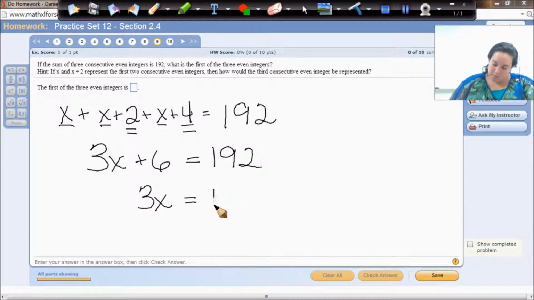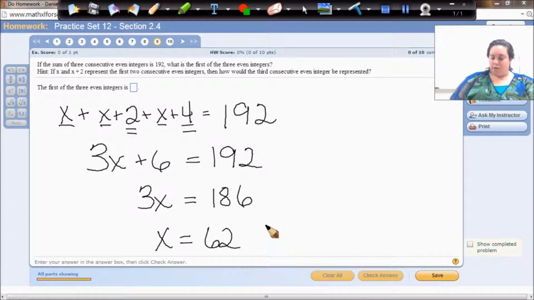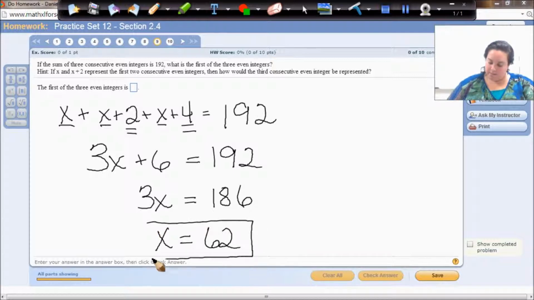Okay, so that would be 186, and then we can divide by 3 on both sides. So that would be 62. So the first one must be 62, the next one would be 64, and the third one would be 66.